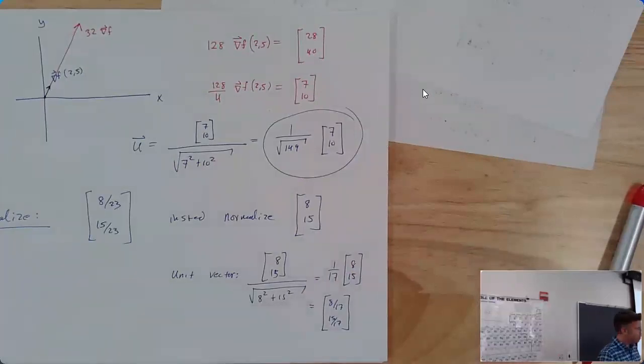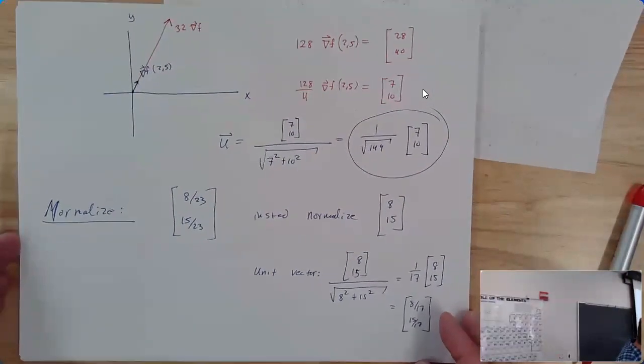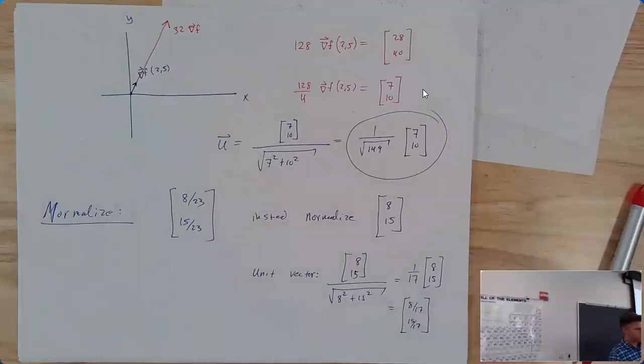So two things here. Again, one, if you're going to normalize something, make your life easier, and make it easy before you have to normalize it. And two, definitely the more important idea that we talked about here is that the gradient vector points in the direction of steepest ascent, or, I always mess up these words, the direction where the function increases the most rapidly.